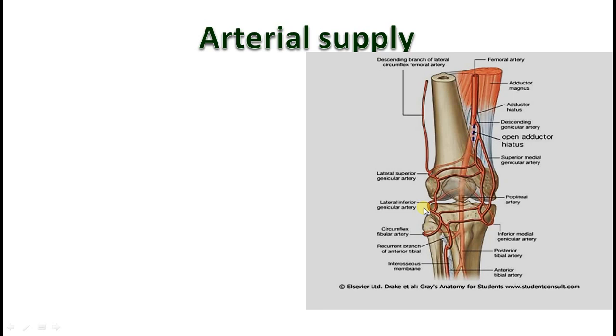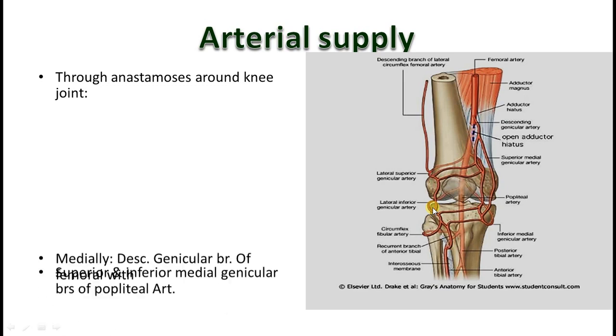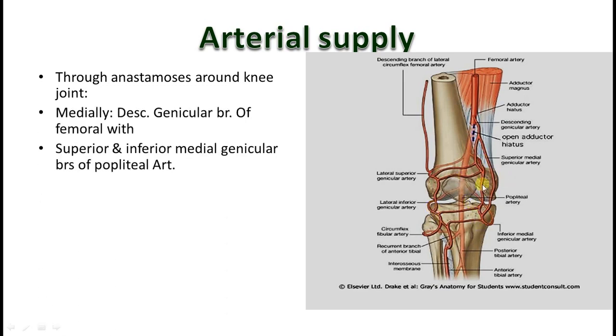If you look at the genicular anastomosis, mainly the branches are superomedial, inferomedial, superolateral and inferolateral branches from the popliteal artery. The superomedial genicular branches anastomose with the descending genicular artery, and the inferomedial branches anastomose with the anterior and posterior tibial recurrent arteries.